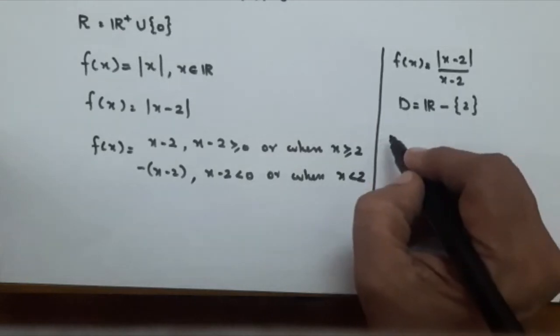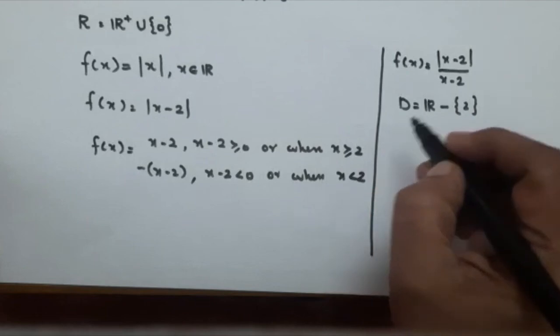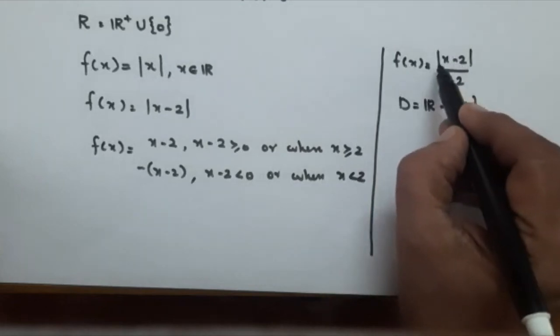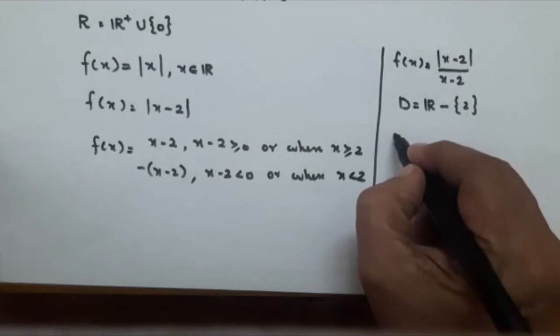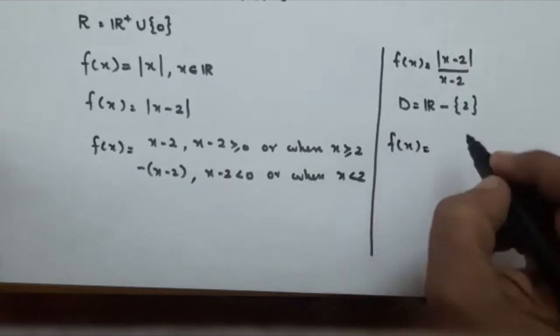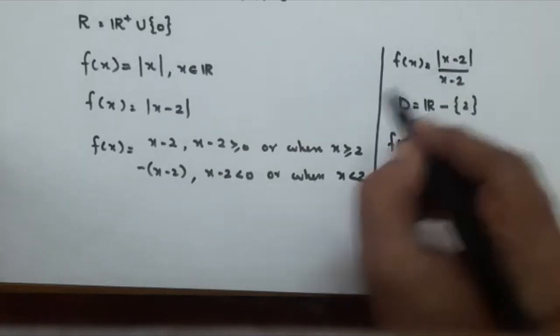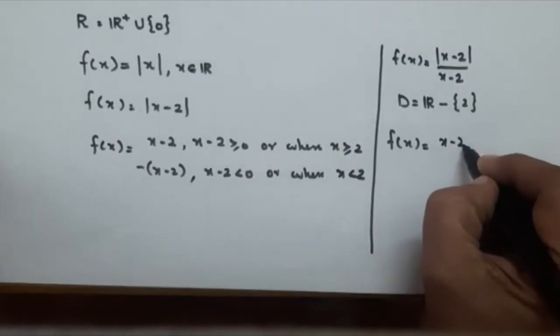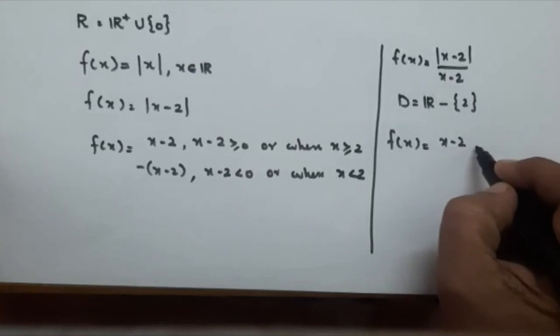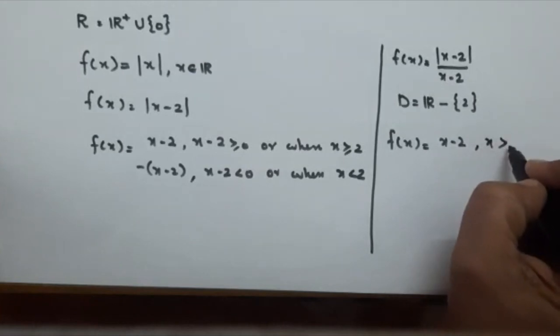What about the range? To find the range, we have to consider this part mod x minus 2 once again. How can you write this function in detail? F of x equal to modulus of x minus 2 by x minus 2. Do you remember? Modulus of x minus 2 is x minus 2 itself when x greater than or equal to 2.